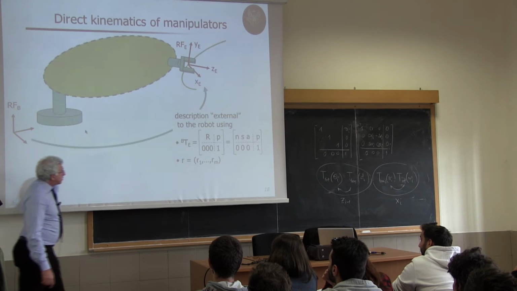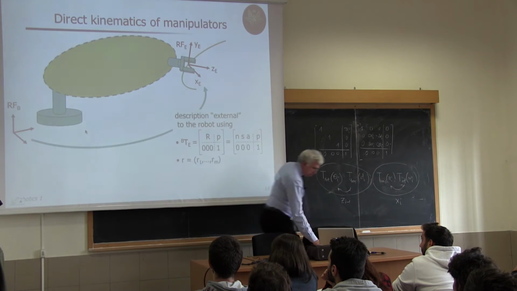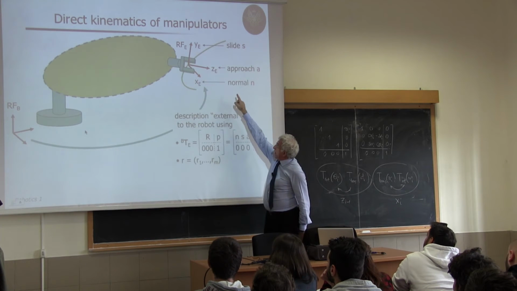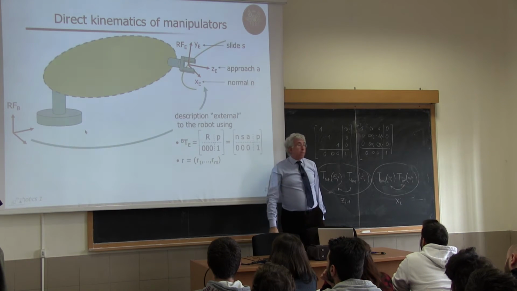Okay? So this is something that we know, and in particular we sometimes use this notation. The columns of R are called N, S, A, simply because in the standard industrial situation you have a gripper that approaches an object, and the z-axis of the end effector frame is taken along the approach direction.